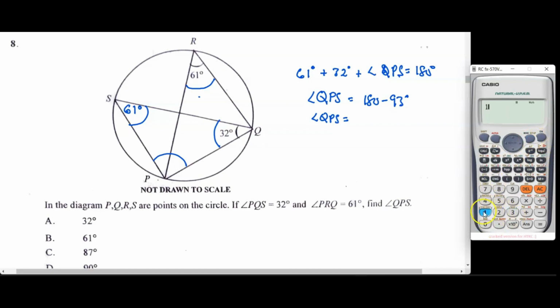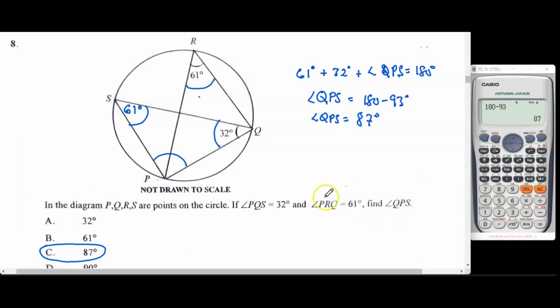So 180 minus 93, and that leaves us with an answer of 87 degrees. So we have 87 degrees, and that's possible answer C. Please, as I said, you need to know the properties before you can easily work out some of these things. So make sure that you know them very well.